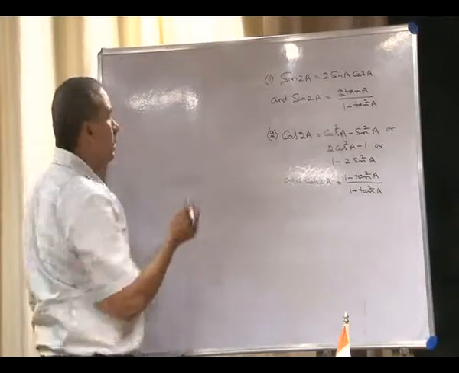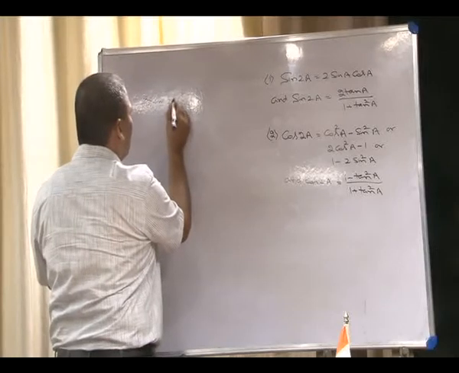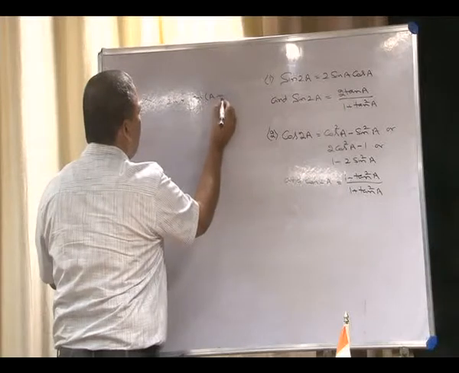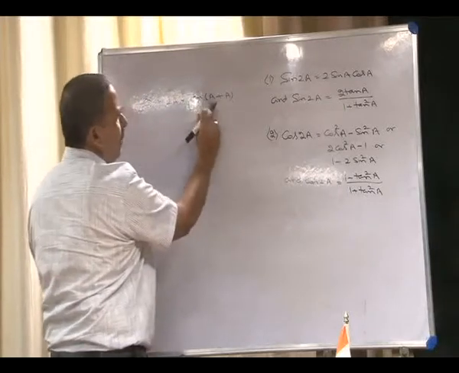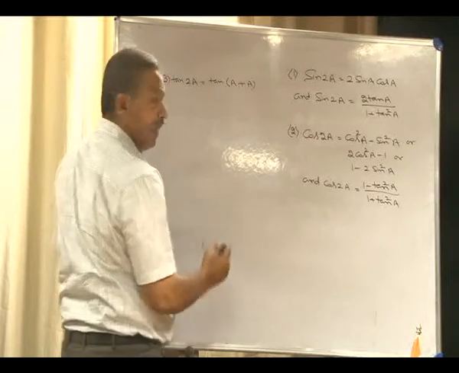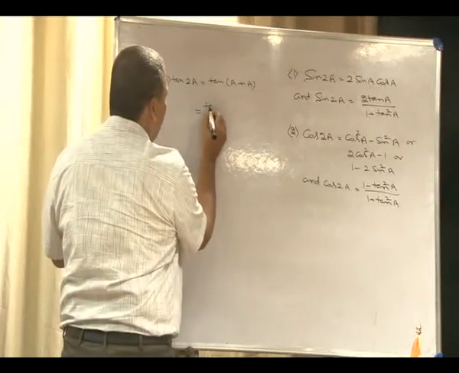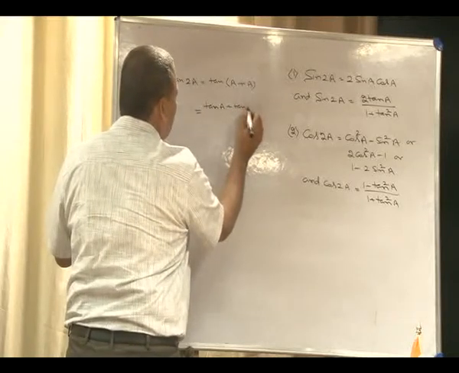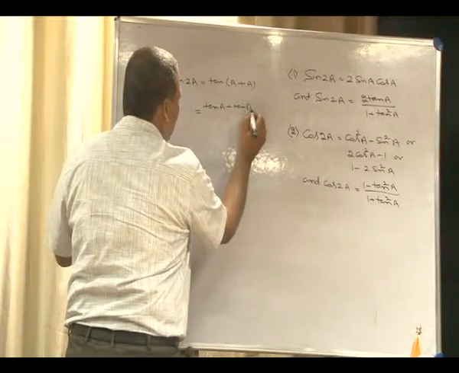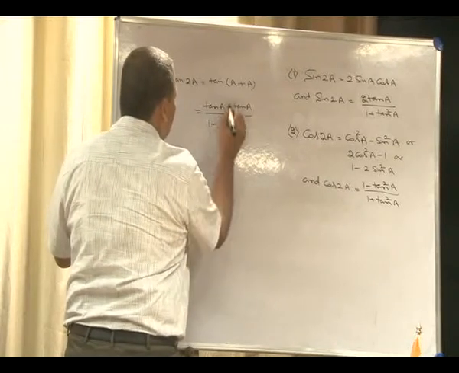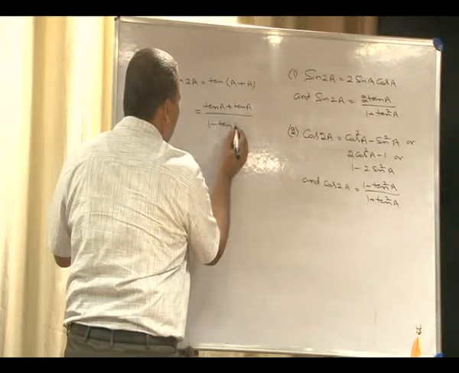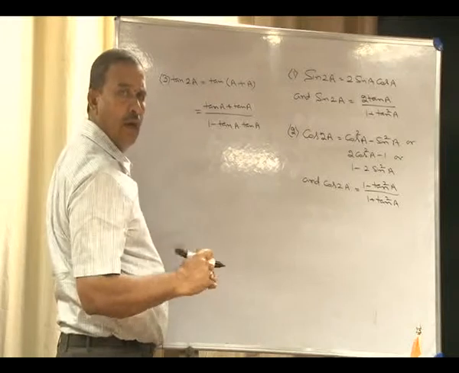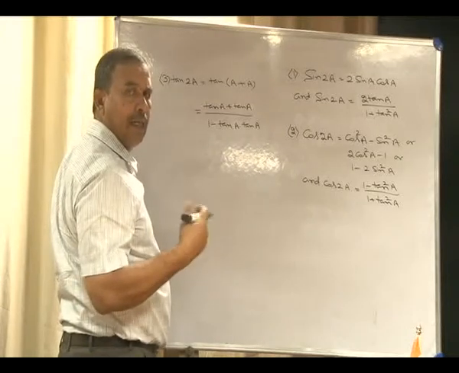That is tan 2A, that is equal to tan of, we may write that A as A plus A. This one is the form of tan of A plus B. Tan of A plus B is tan A plus tan B by 1 minus tan A tan B.